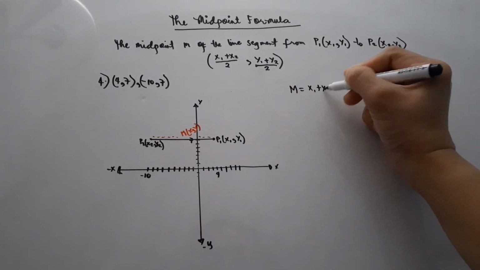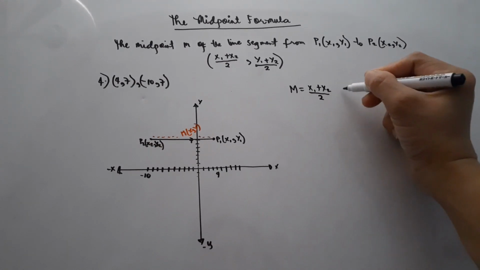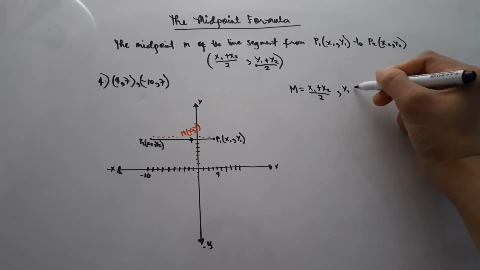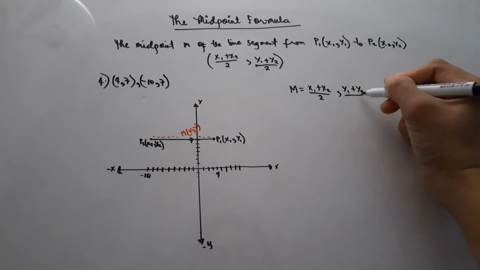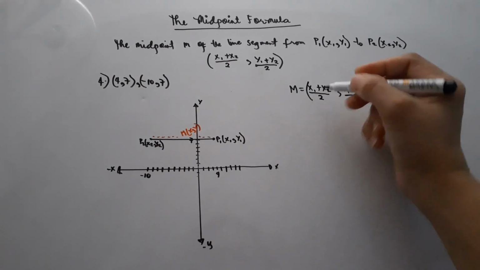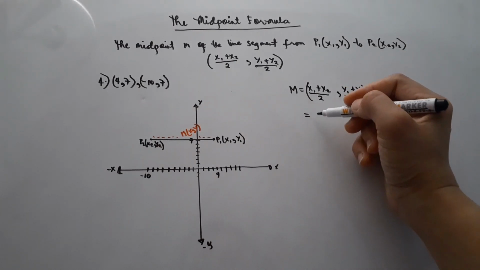We have x sub 1 added by x sub 2 divided by 2, and y sub 1 added by y sub 2 divided by 2. And then we can plug in the value of x sub 1.